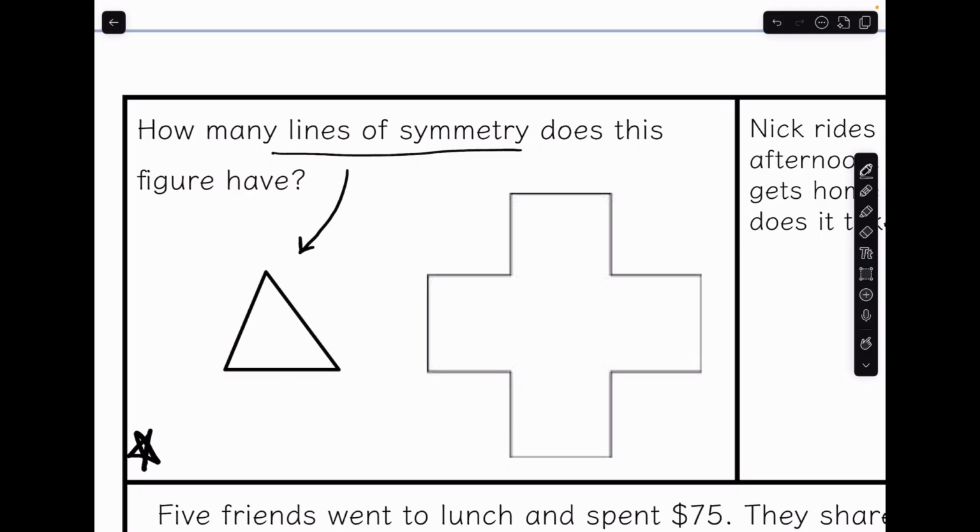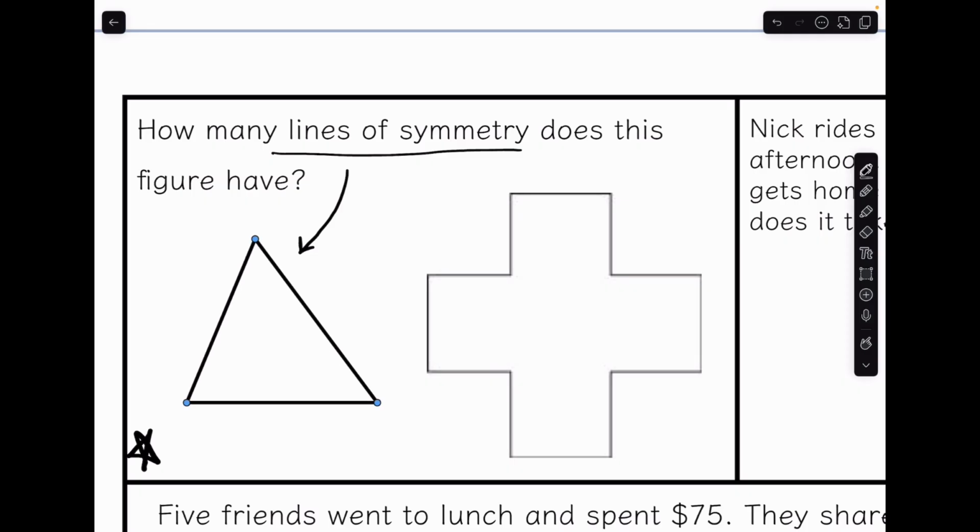we'll use this triangle as an example. It's not perfect. I'm going to try to make it as perfect as possible, okay? And then when I draw my line of symmetry, it should be relatively the same on both sides, okay?